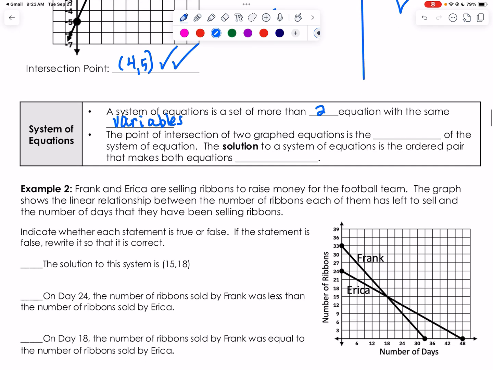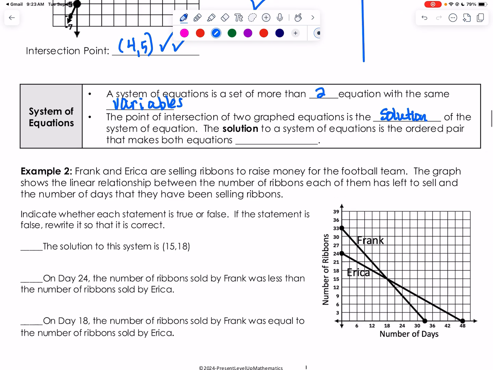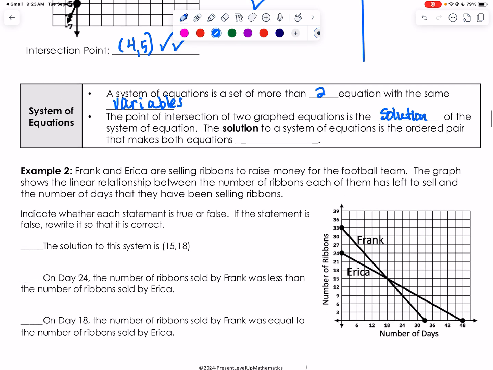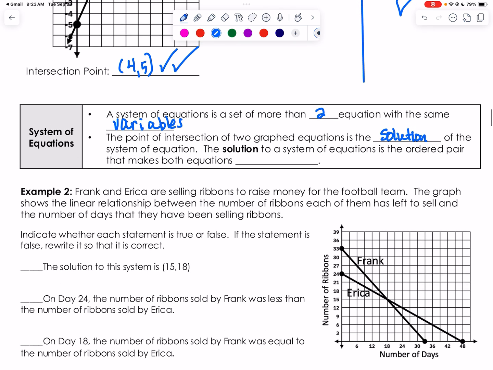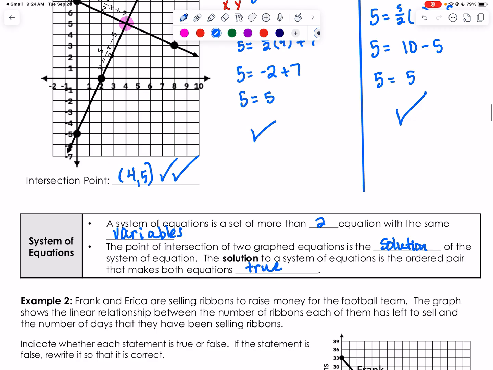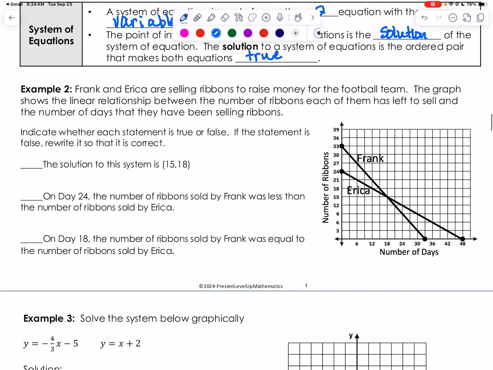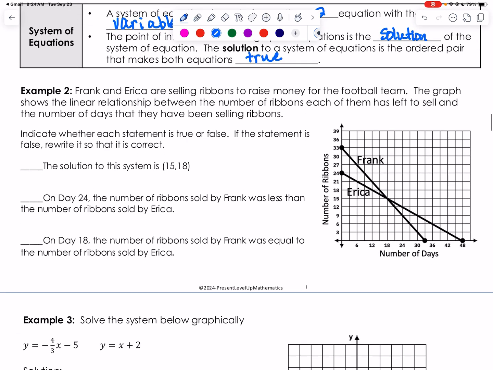The point of intersection of 2 graphed equations is called the solution of the system of equations. The solution to a system of equations is the ordered pair that makes both equations true, as we found in our first example. All right, let's look at another example.